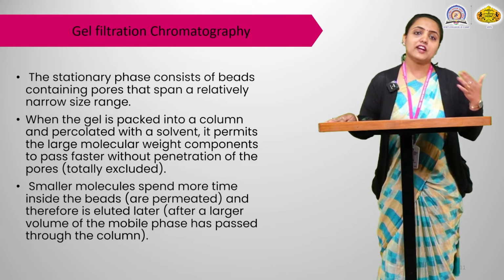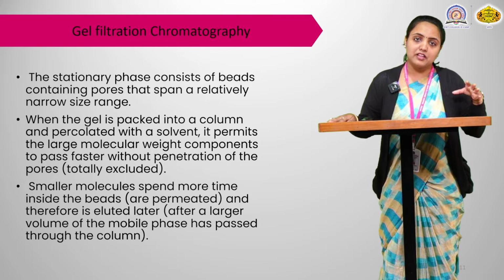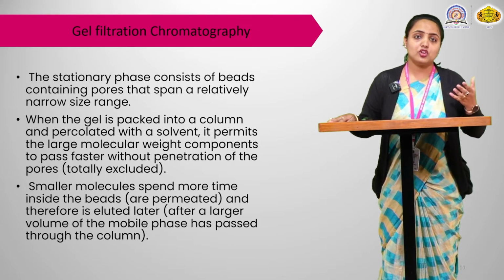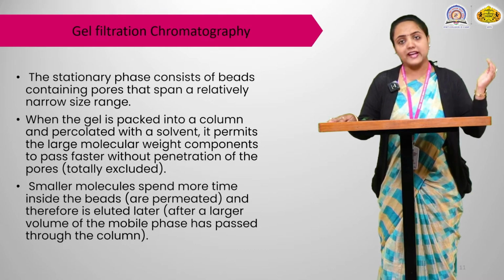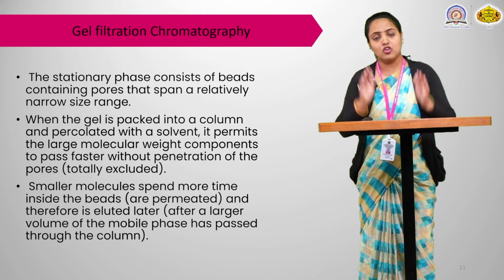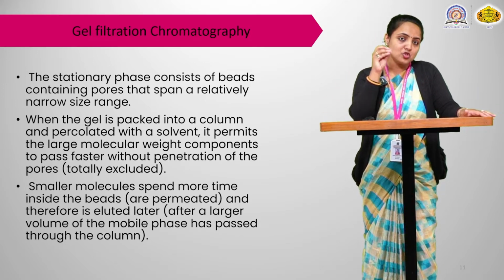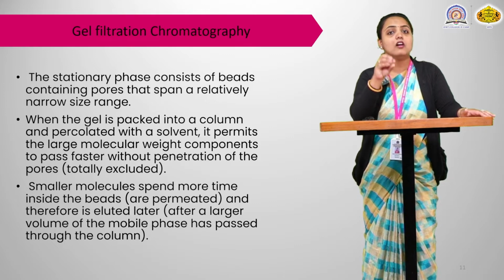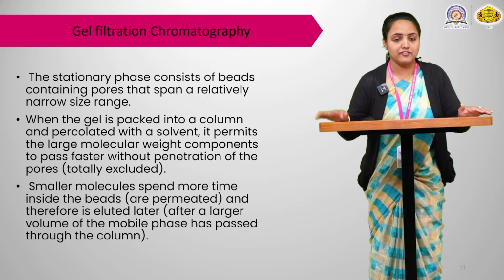Okay. So when we are designing the beads, the small molecules will be entrapped in the beads, and the larger molecules, which have a larger size than the beads' pores, will be excluded from the beads and directly excluded from your column system. So the entrapment of your enzymes into those beads is a particular purification method for this type of chromatography.